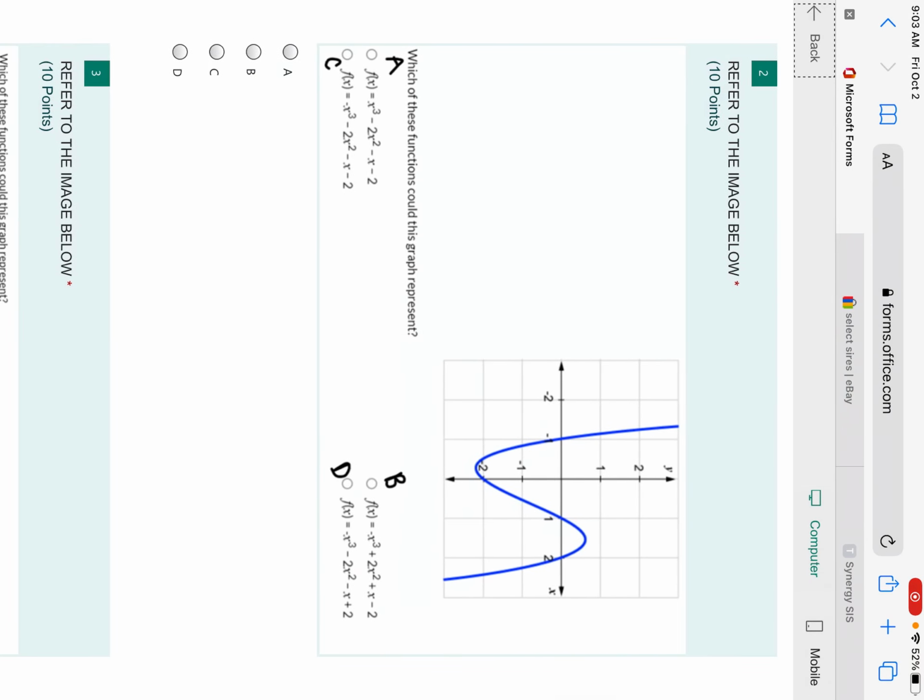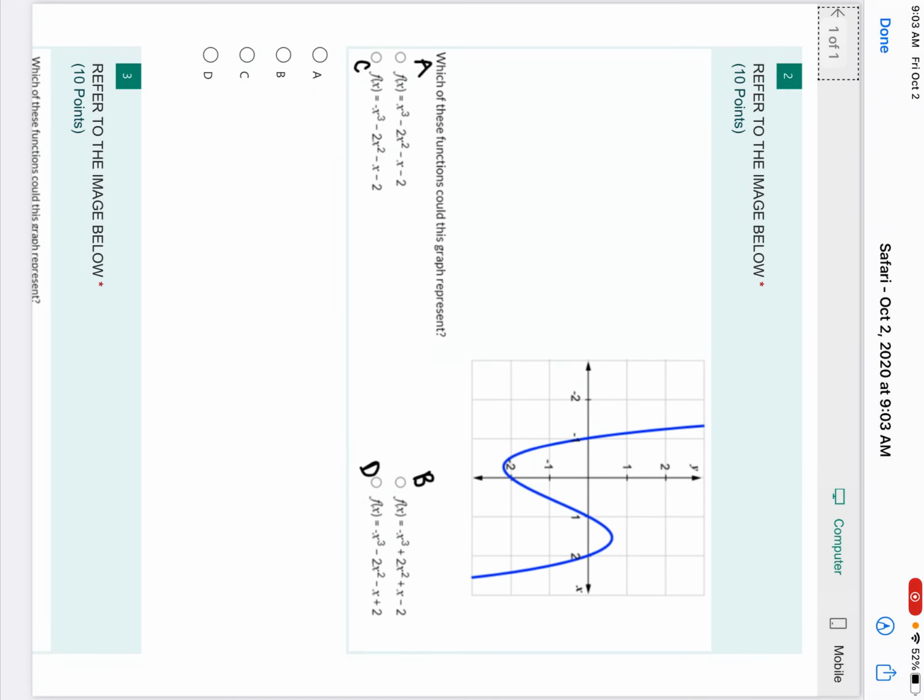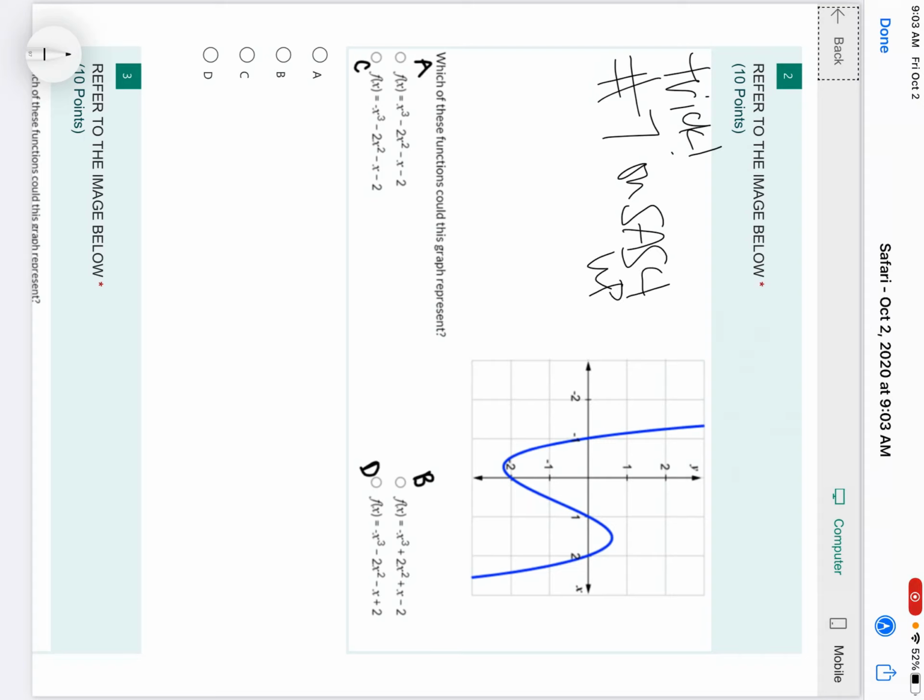Next, on number 2, guess what? Use the trick. It's number 7 on SAS 4 workbook. Okay? On this graph, notice the left end points up and the right end points down.